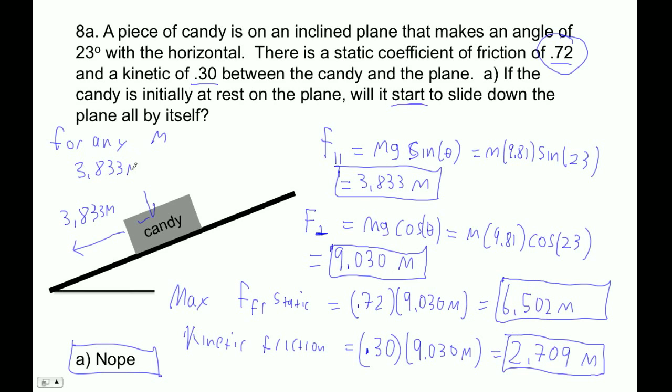So 3.833 m is less than 6.502 m, right? So no, it won't start to slide.